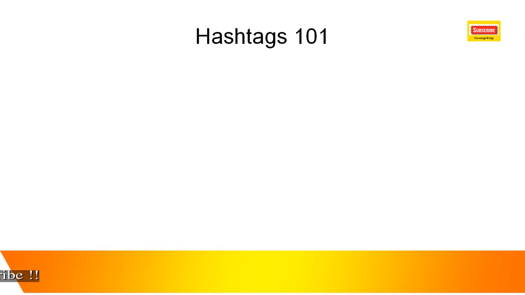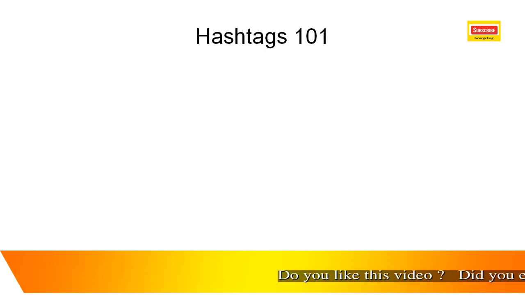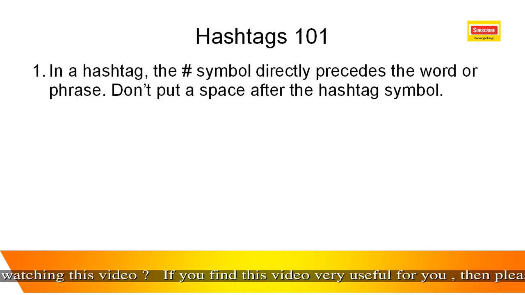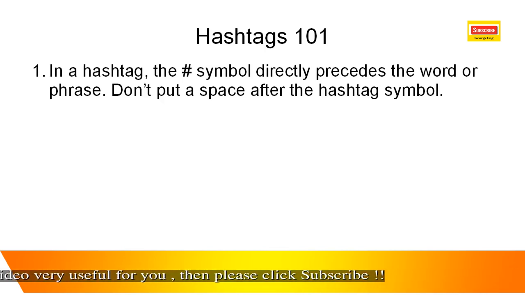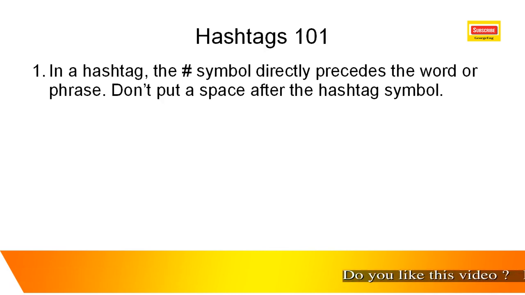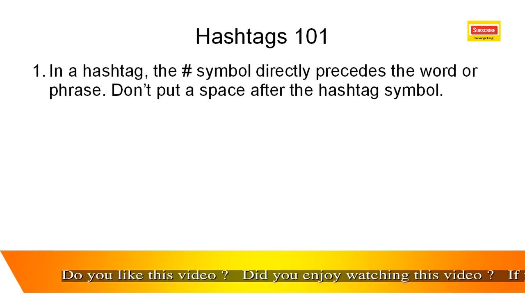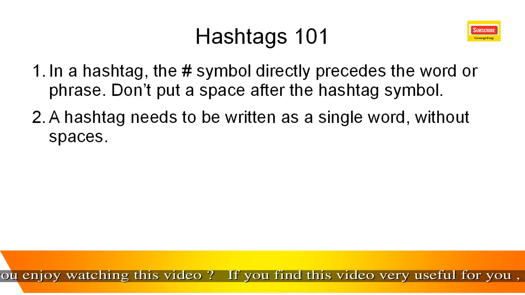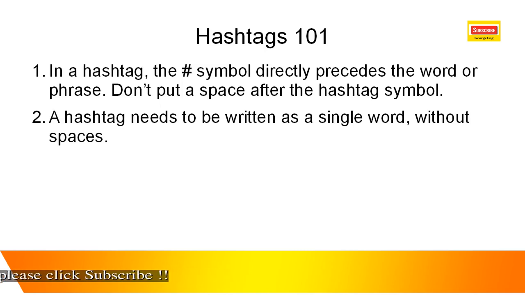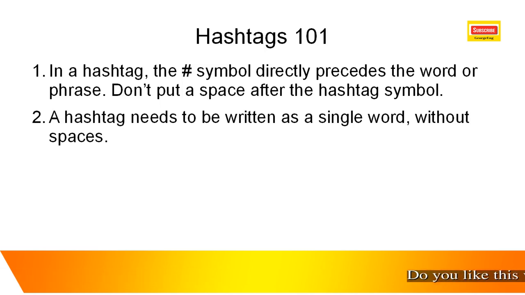Okay, a few simple rules for writing hashtags. First of all, in a hashtag, the hash symbol directly precedes the word or phrase. Don't put a space after the hashtag symbol, otherwise it won't work properly. Secondly, a hashtag needs to be written as a single word without spaces.